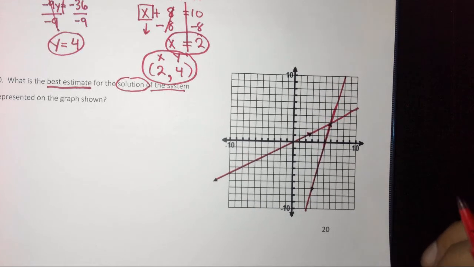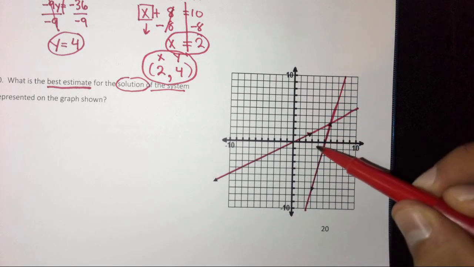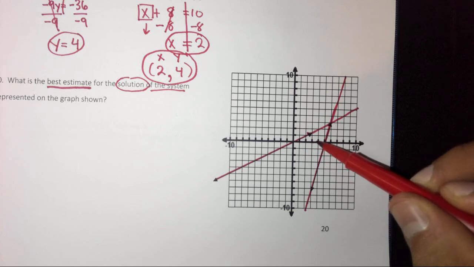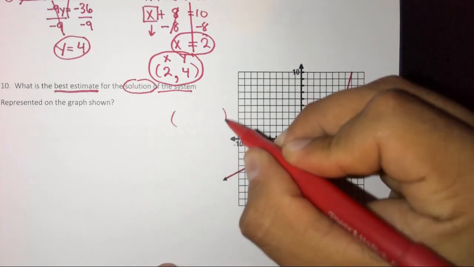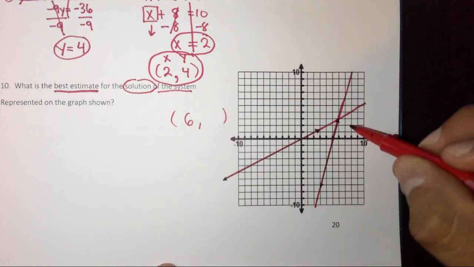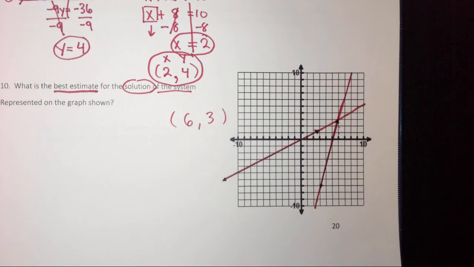Alright, so if I extend this line, now I can kind of guess and see where they would cross. Like I said, your answer might be a little bit different from mine, but mine, it looks like whenever I extended my lines, it looks like it's 1, 2, 3, 4, 5, 6. And 1, 2, 3. So my solution looks like it's at 6, 3.